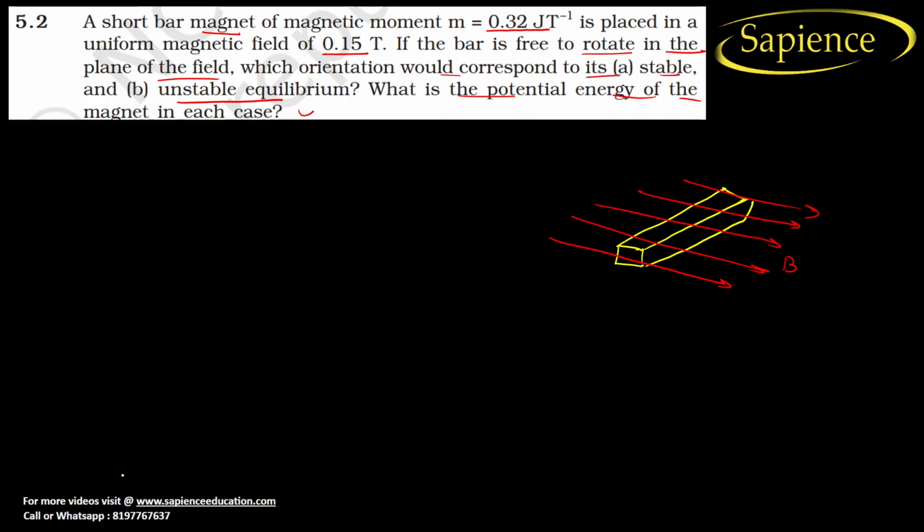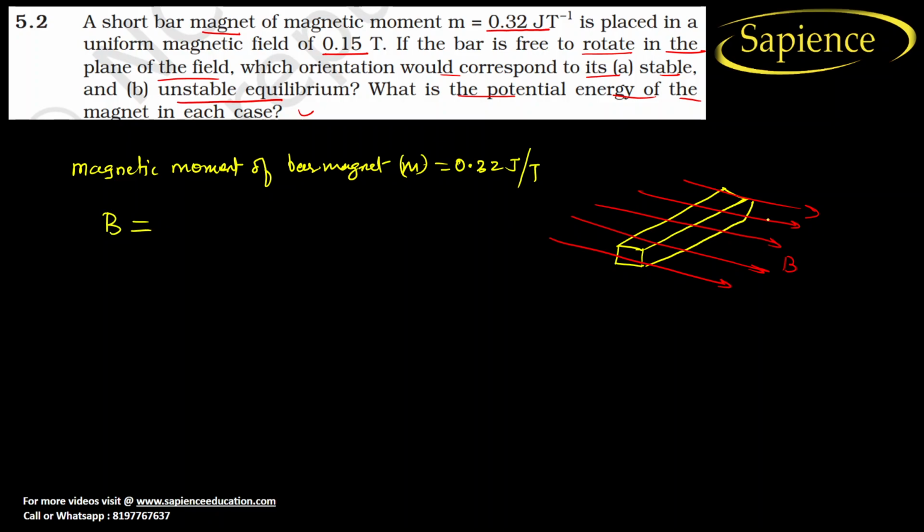Now what they have given you, you have to write it. So the magnetic moment of the bar magnet, that is M, is equal to 0.32 joule per Tesla.